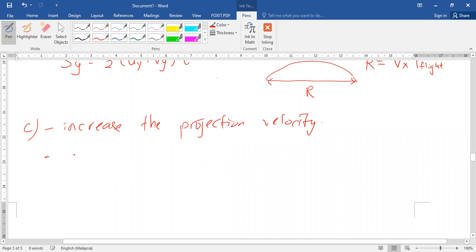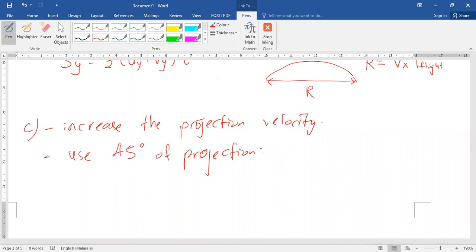Second, use a 45 degree angle of projection. That means we project at 45 degrees. More than 45 or less than 45, the range will be less. Why?